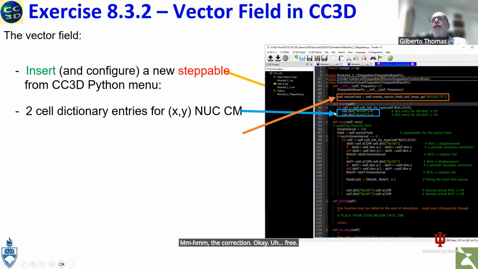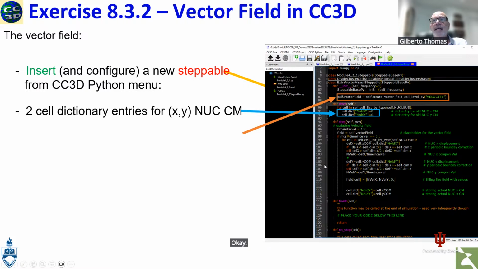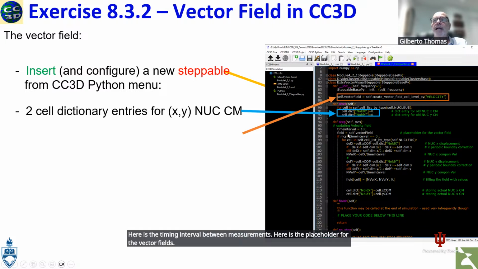We have to describe the speed, the velocity. Again, we have to calculate the velocity components as the variation of displacement over time. So we proceed exactly as we did before in another simulation. Here is the time interval between measurements. Here is the placeholder for the vector fields, as we did in the pressure.